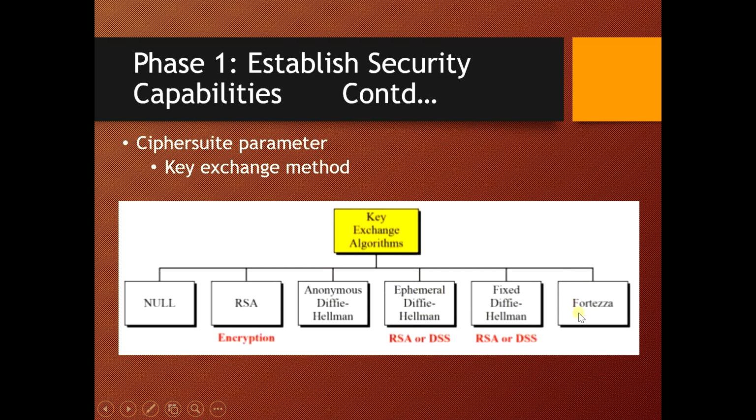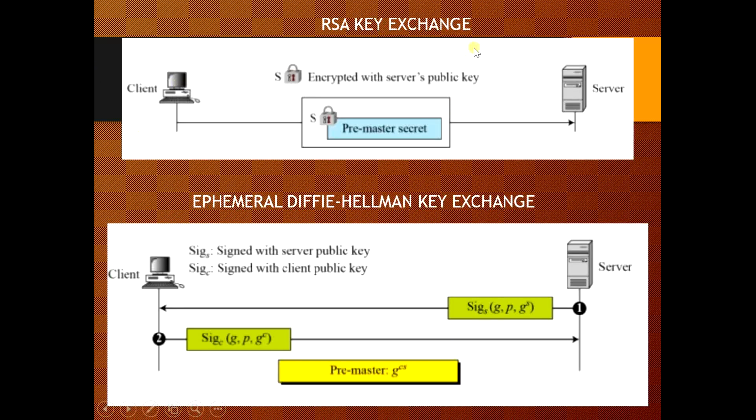Let us look into each of these. First we have the RSA key exchange. RSA stands for the Rivest-Shamir-Adleman algorithm, which is a public key cryptosystem widely used for secure data transmission.